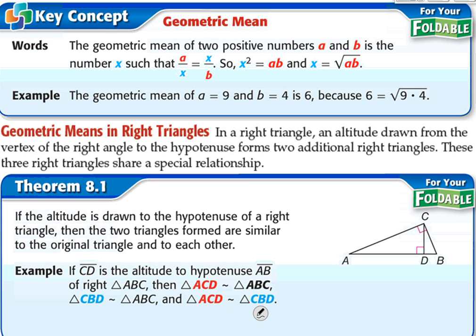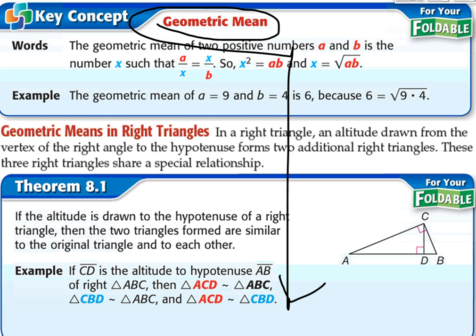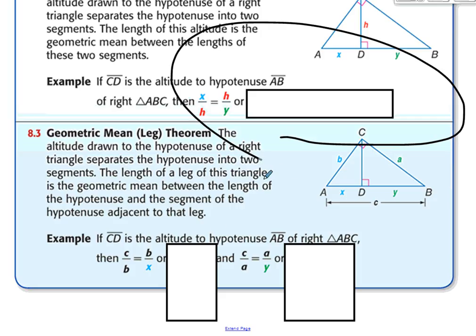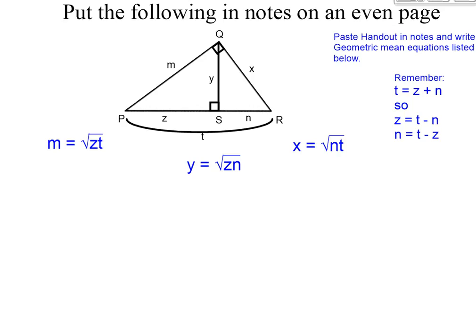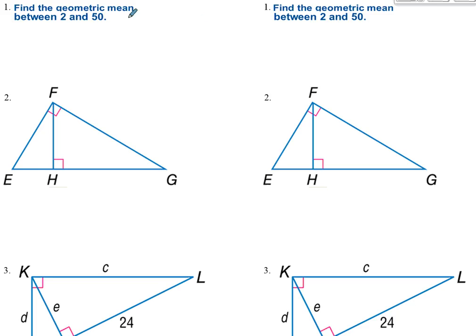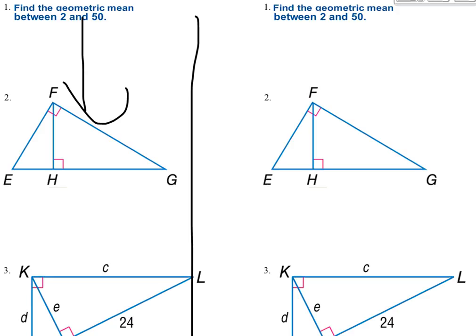The other handout should have geometric mean at the top, and it also has some fill in the blanks that we'll do as class goes on. The third handout looks like this, and it is two of those, for the lesson notes as we go.